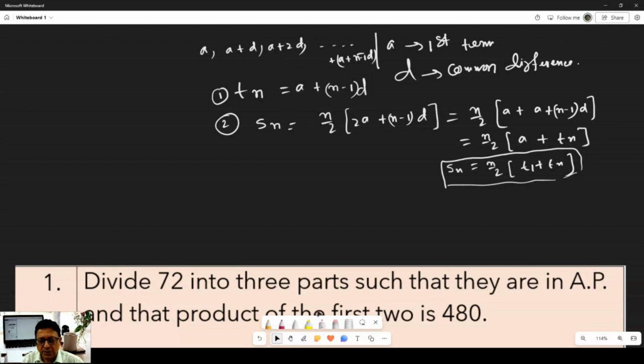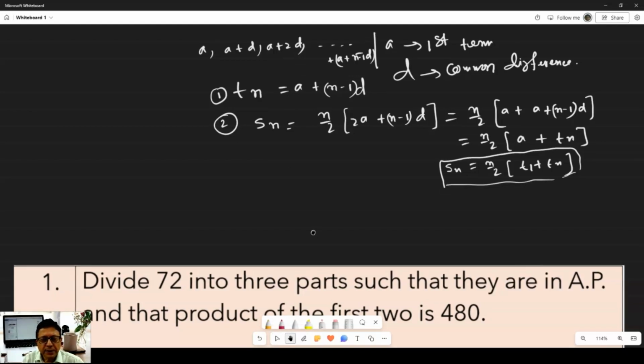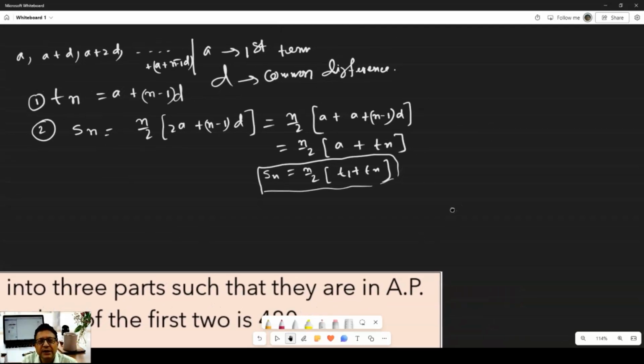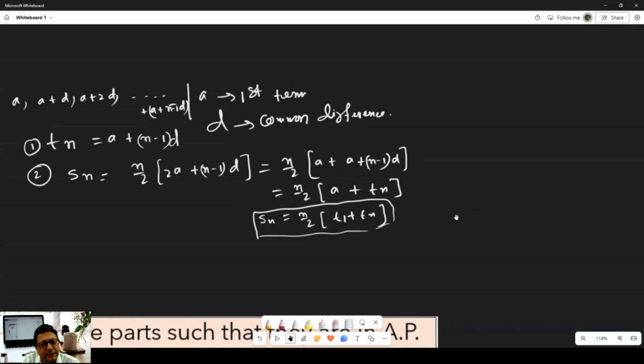Now, if a problem arises where 3 terms you have to consider in AP, in some problems considering 3 terms in AP in a particular way will help you to solve the sum quickly. How? Let me explain.